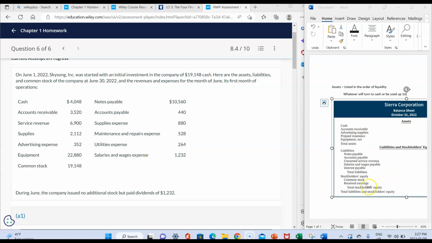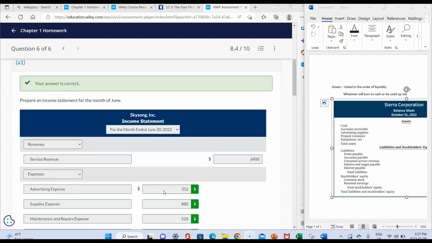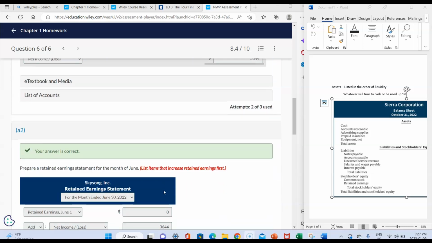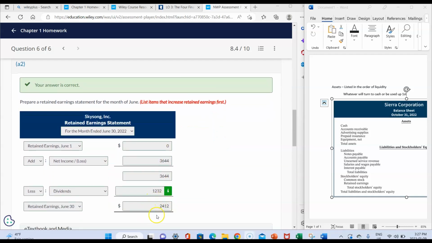And that retained earnings that will enter into our balance sheet will come directly from our statement of retained earnings we did right there. So retained earnings in this particular question will be 2,412. Note on your question, it's a slightly different question, and everybody gets different numbers because it is based on an algorithm.